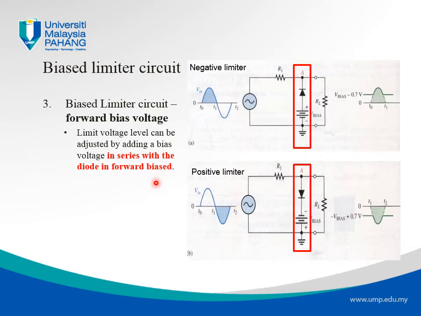So now what will happen if instead of putting it in reverse bias, we put the DC voltage in forward bias? Forward bias means we put the positive terminal of the voltage at the anode, and the same for positive limiter or negative limiter, we put it in what we call forward bias.